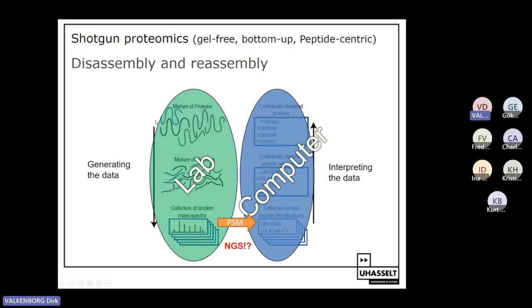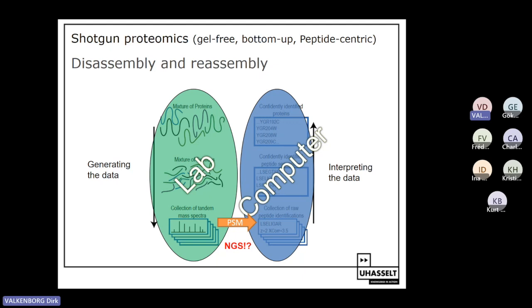These proteins will be denatured, so they will be linearized. We will cut these proteins into peptides, smaller pieces of amino acids, that is to say, so that they behave more stably and form a more homogeneous mixture. And then we will further analyze these peptides using liquid chromatography to reduce the complexity of the sample, and mass spectrometry.